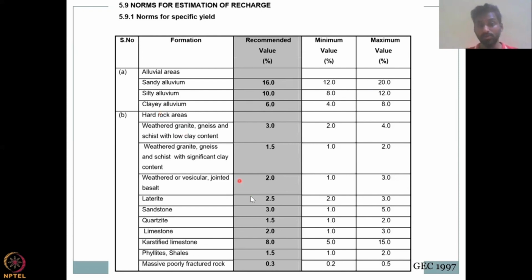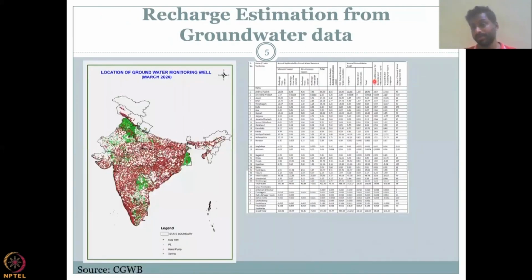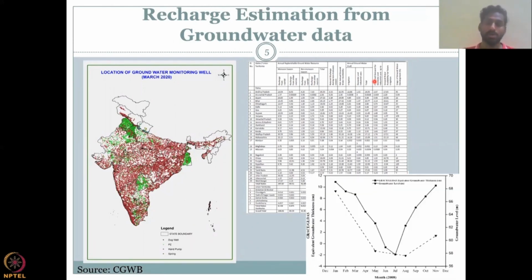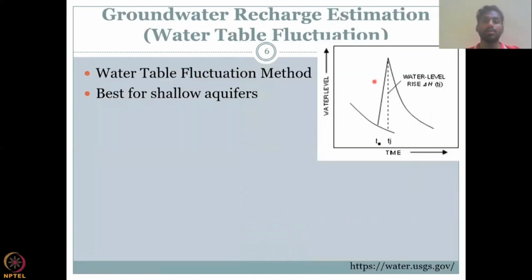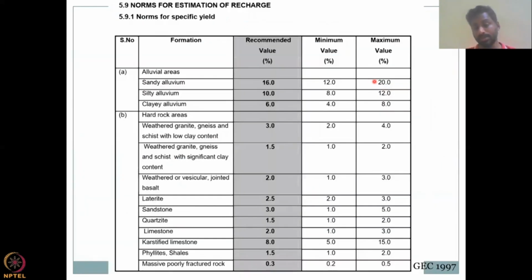So this is the value that you should put in this equation. You can take the data from your groundwater wells. So I'm giving you a method based on GEC and the data where you can do these equations. You can go to GEC's website or the Central Groundwater website, and download the data for your particular area. For that area, the CGWB handbook gives you what type of rock it is. Then you go back to this equation and plug in the specific yield from this table.